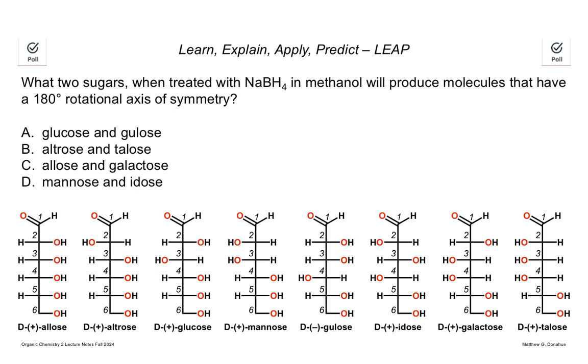So here's a separate question related to the axis of symmetry. Which pair, when you reduce them, don't converge onto the same molecule, but produce products that, when you find that point and rotate it, have a 180-degree axis of symmetry. What you're looking for is what you start with, what you end up with.